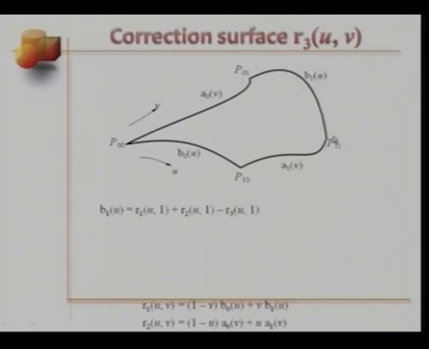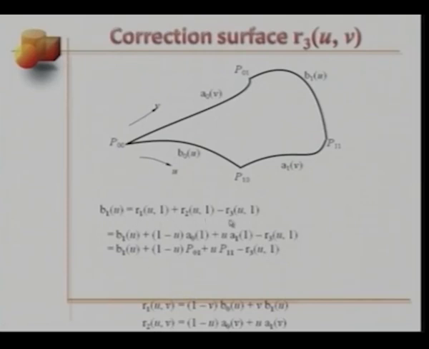This is this curve here, this bounding curve, B1 of U. Now plug in the value of V equals 1 here and V equals 1 here. What do you get? For V equals 1, we get B1 of U from R1(U,V), and for V equals 1, we get A0(1), A1(1) from R2(U,V).